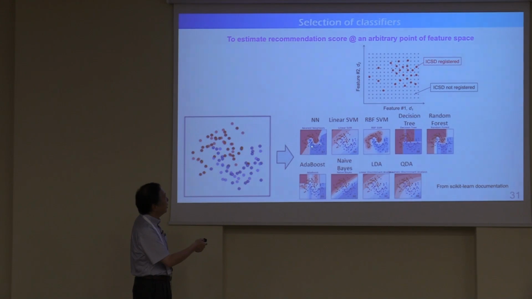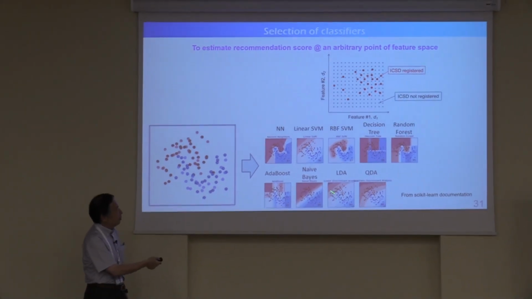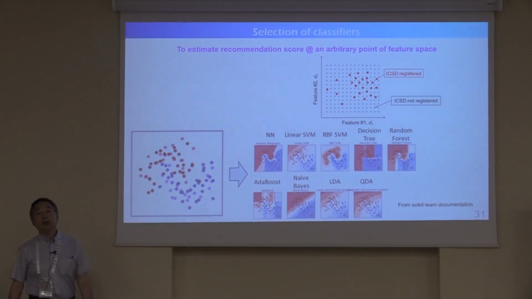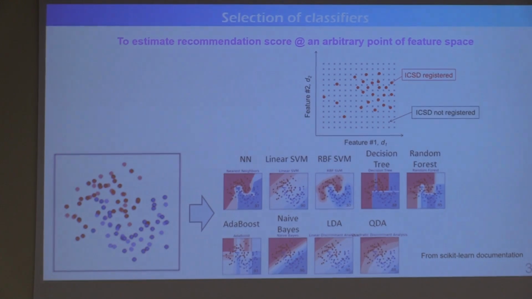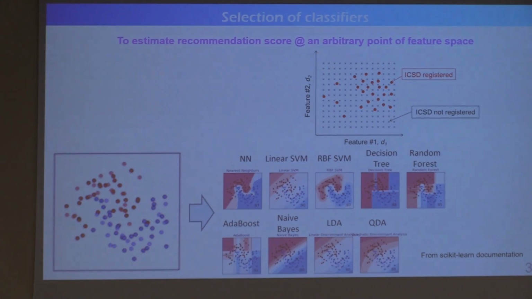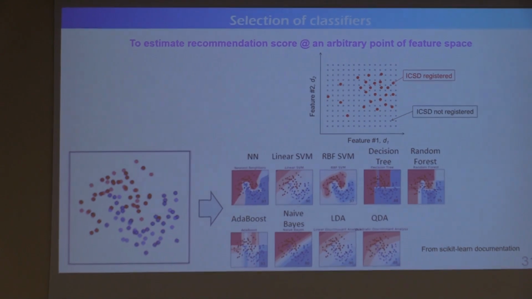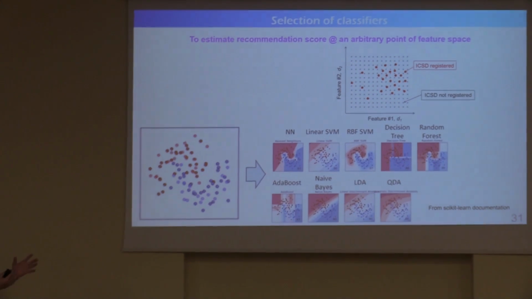This one is very precise, but sometimes it is too much fitting to this distribution. And there are linear ones and many others. But there is no logic behind these models. They are all just models. This kind of thing is described in data science textbooks, or this was obtained from the scikit-learn documentation. Scikit-learn is a very well made library for many different kinds of these models.